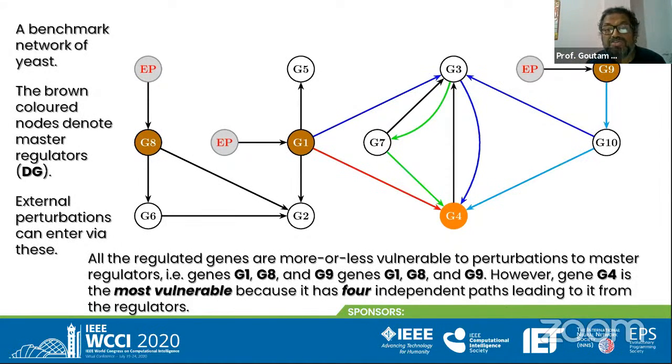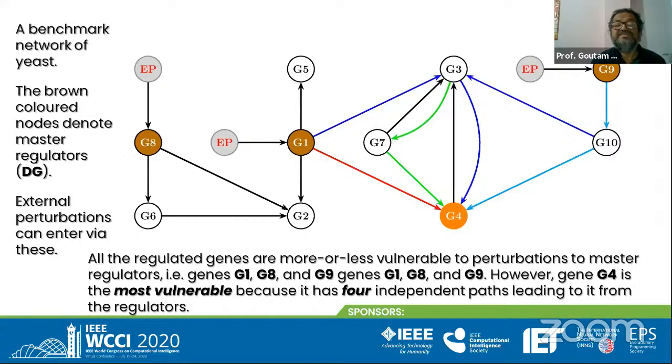What is the cause? The cause is G9 and G1. Have you seen? G9 has been disturbed by external perturbation. G1 has been disturbed by some external perturbation. Due to these two nasty perturbations from outside, G4 has been disturbed. It is not G4 that is causing the disease.